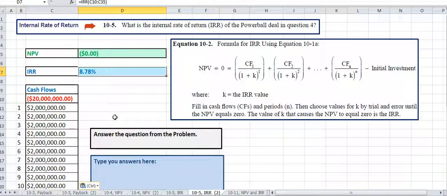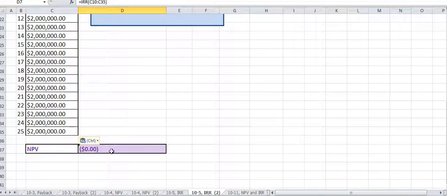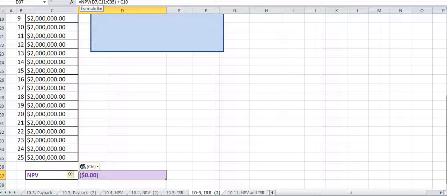internal rate of return. The actual formula, if you want to see it, is down here. You can see it up there in the video. So this is an actual Excel formula that you can put in.